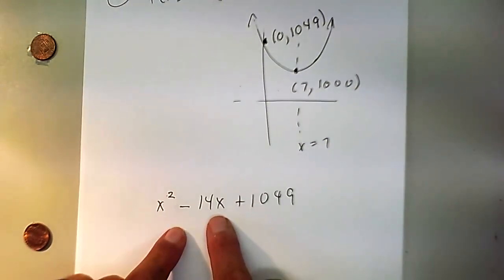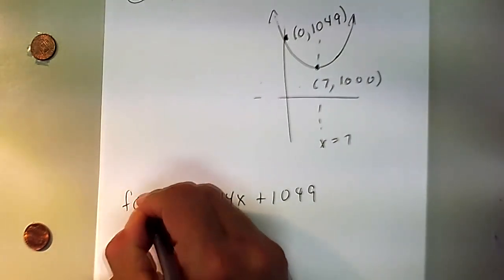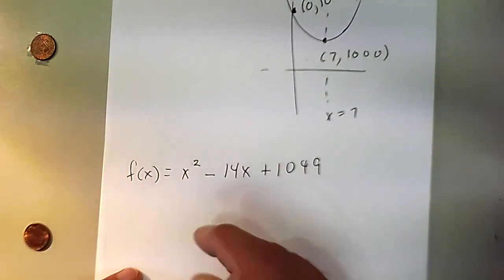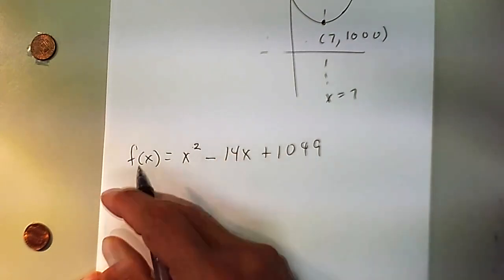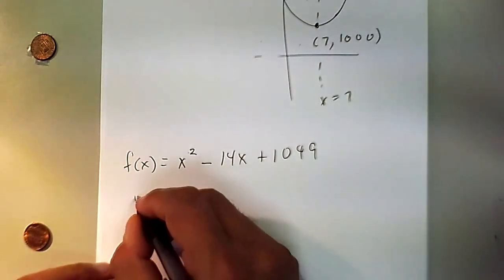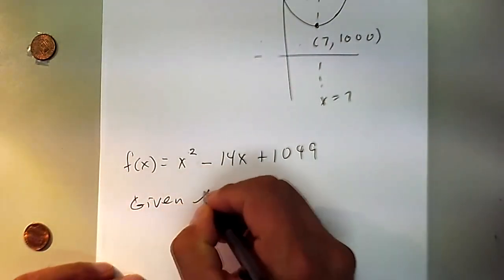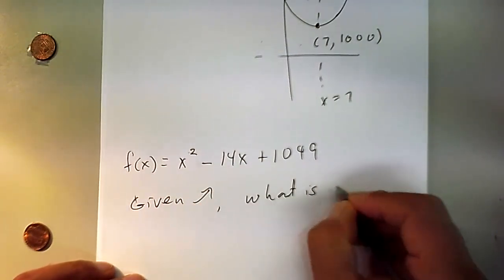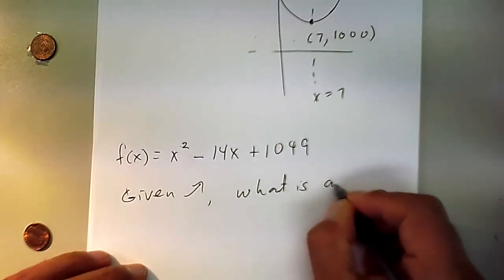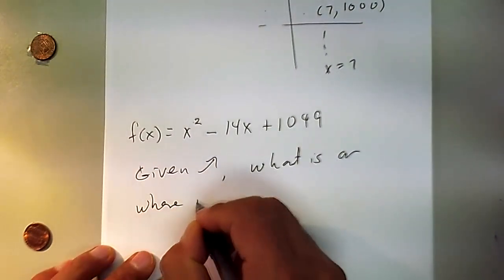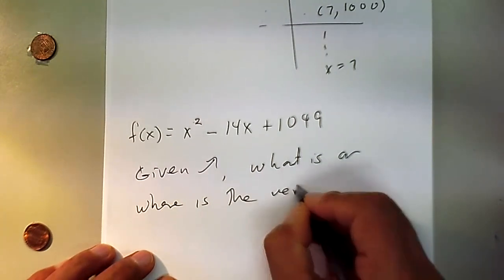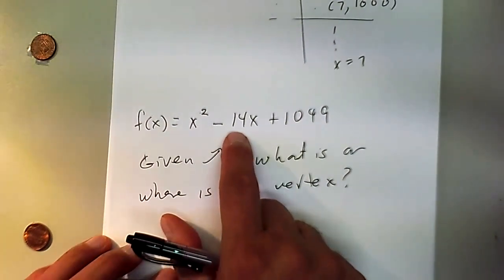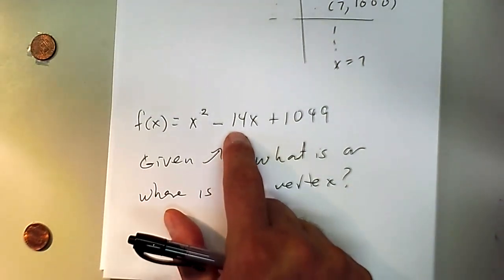So if somebody says, here's the quadratic function, where is the vertex? Given that, it's not obvious that it is (7, 1,000).